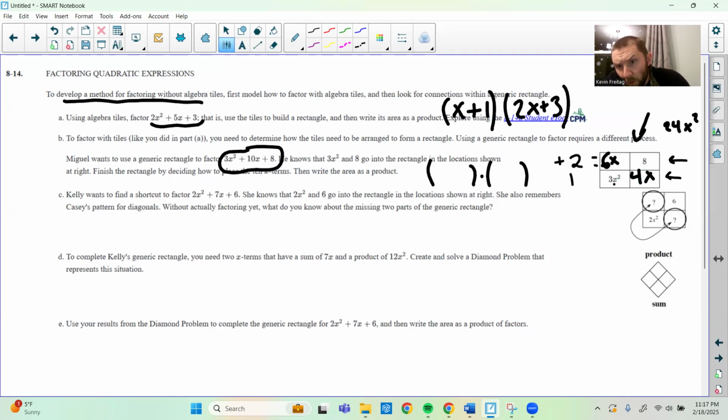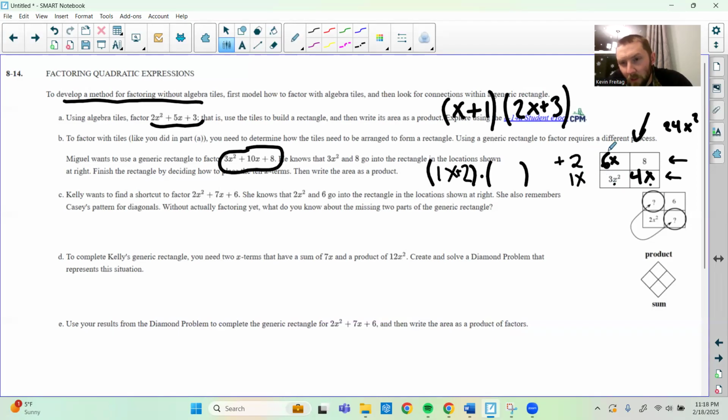But they do both have the letter X. Do you see how both of those boxes have an X in them? That's great. So now I can do this. I can put 1x, right? So now the dimension up the side, you can see it right here. It's 1x plus 2, okay? 1x plus 2 is up here.